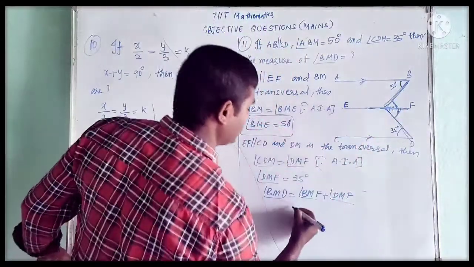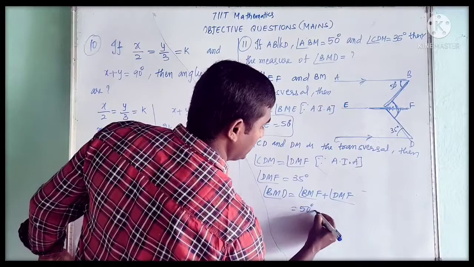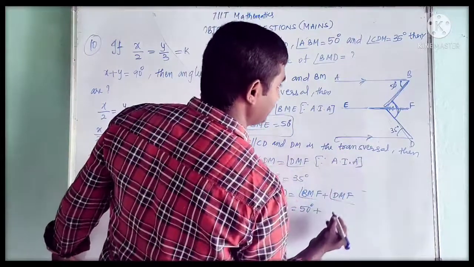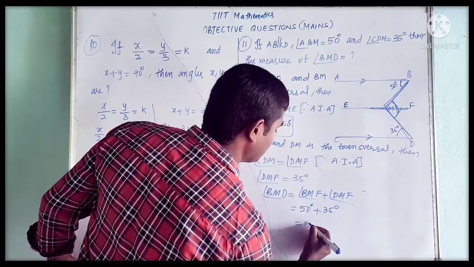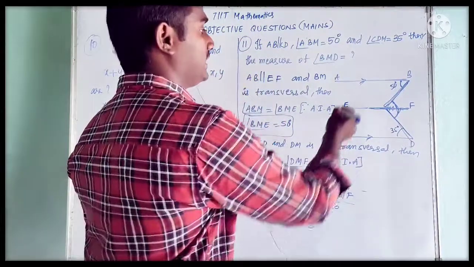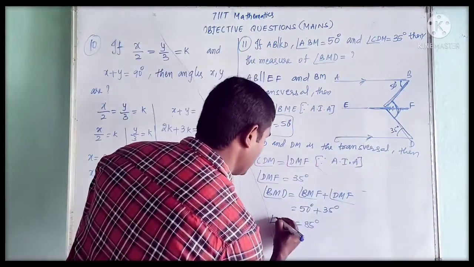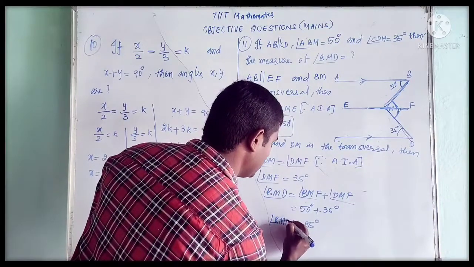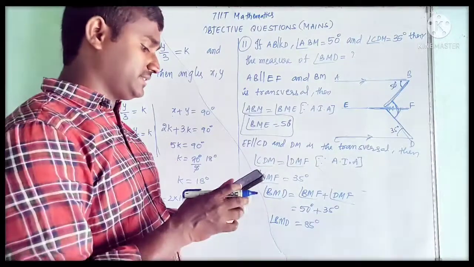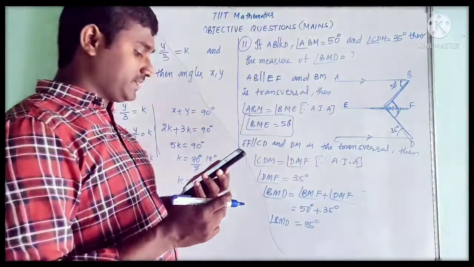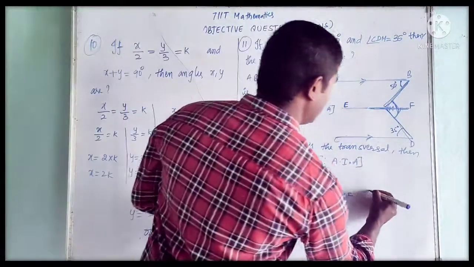So BMF is how much? 50 degrees and DMF is 35 degrees, which is equal to 85 degrees. Therefore angle BMD equal to how many degrees? 85 degrees. So which is the correct option for this? Option 4 is the correct option.